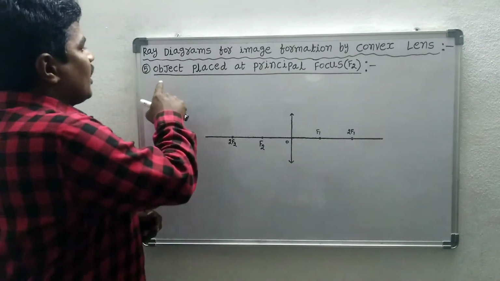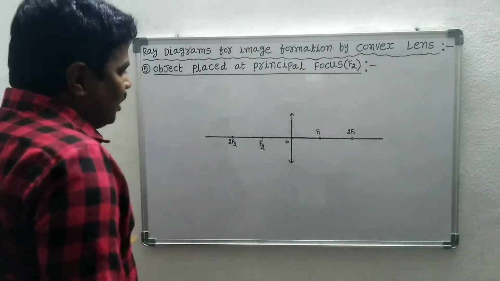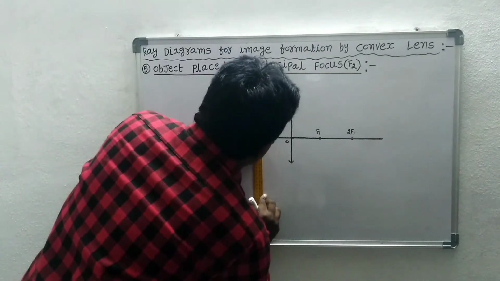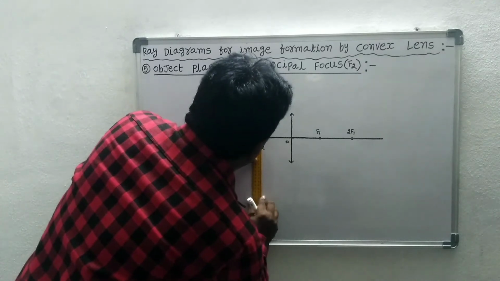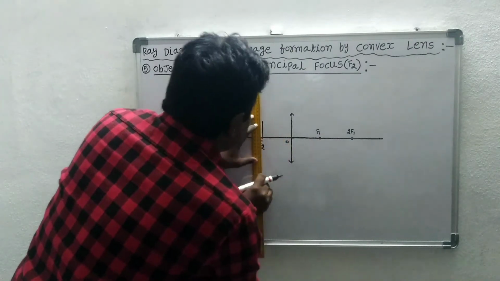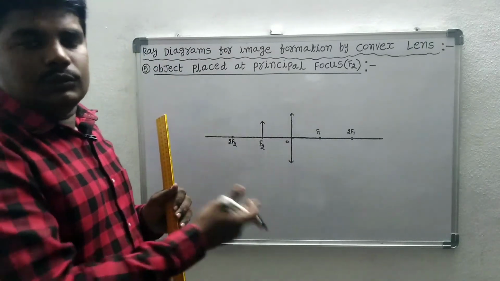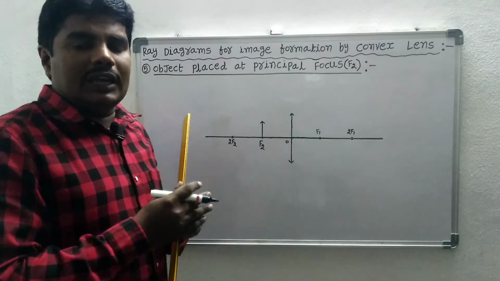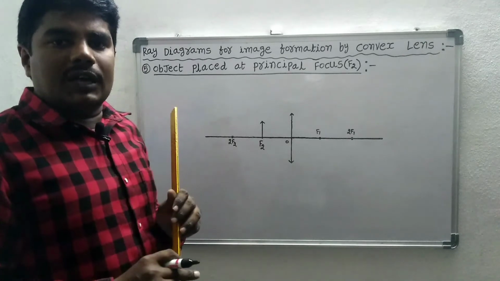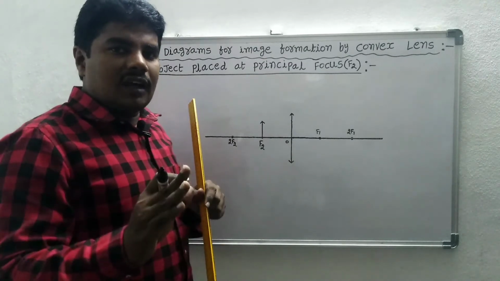Number 5. Object placed at principal focus, F2. Now we keep the object at principal focus, F2, like this. So this is the object at principal focus. To draw the ray diagram, we take two light rays. One is passing through optic center and another is passing parallel to the principal axis. The light ray passing through the optic center does not deviate.